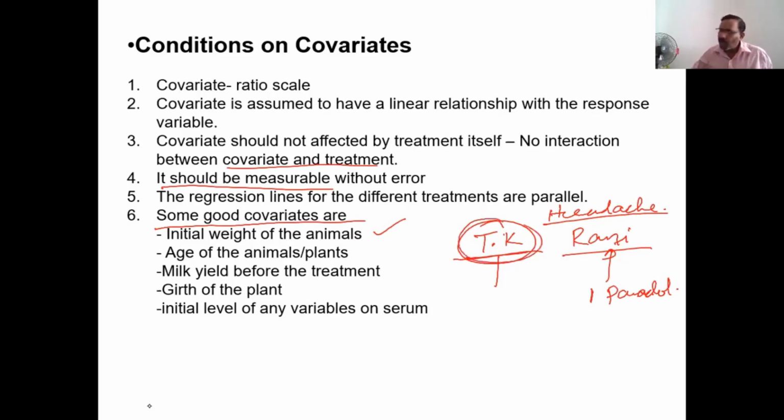But when Tanush Kumar takes 1 Panadol, it doesn't work. He needs to take 2 Panadol.